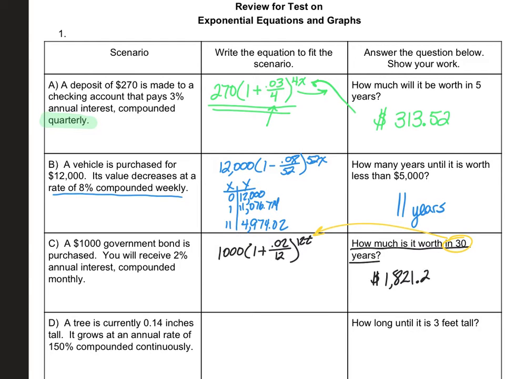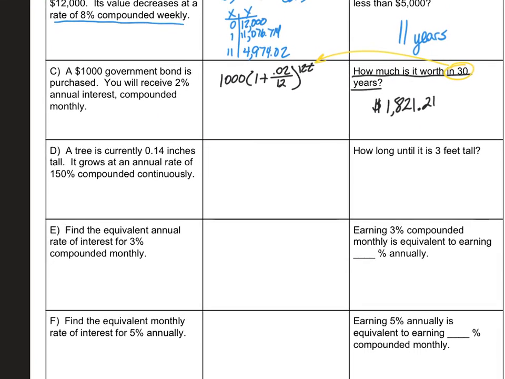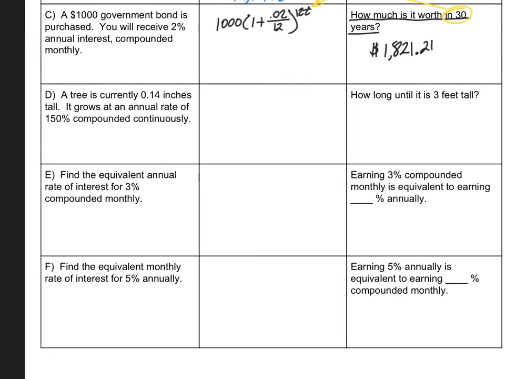It's actually 28.208, but the 8 rounds up to a 1. So this would be our value after 30 years. And that's a reasonable number. 2% is not a very high percentage, but 30 years is a long time. So our value is almost doubled after about 2 years.